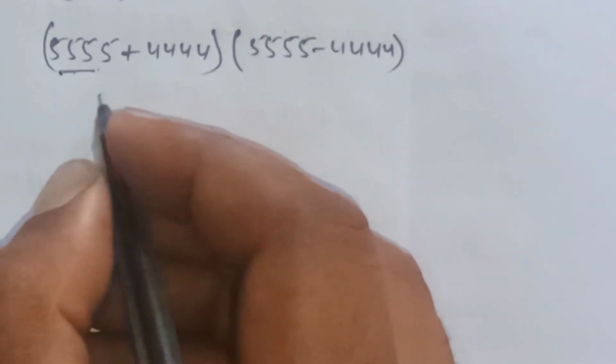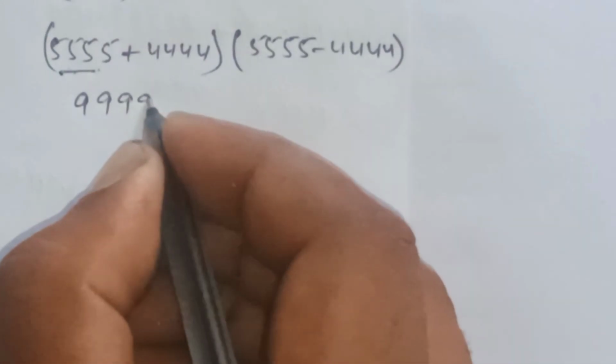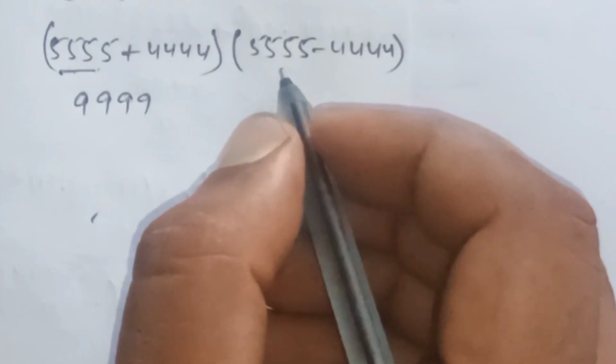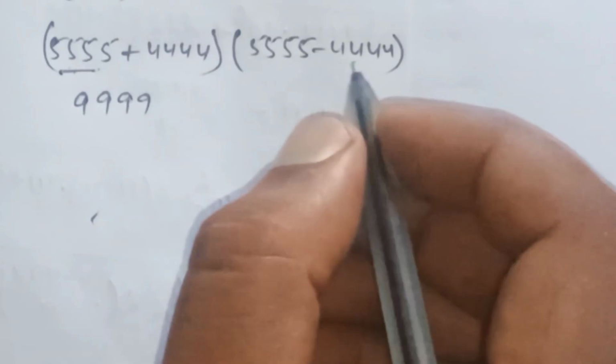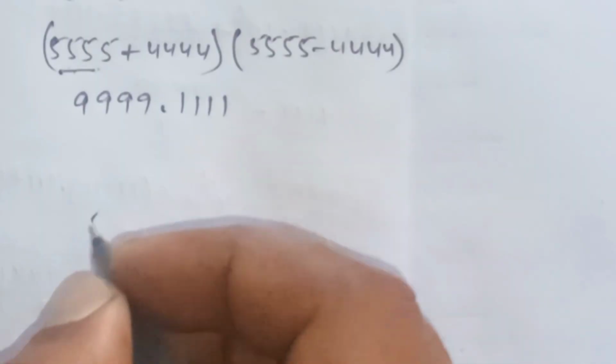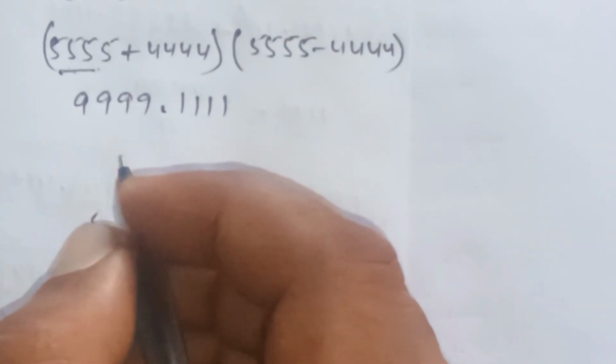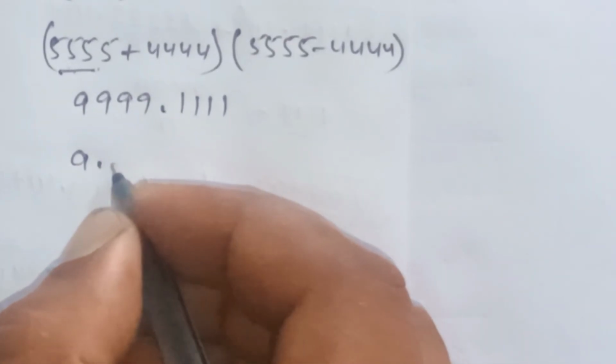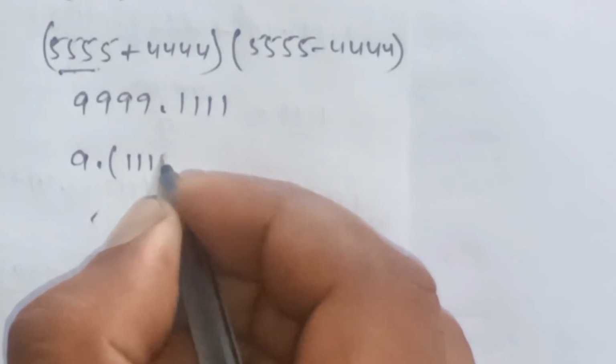Adding 4 times 5 plus 4 times 4, the value will be 9 times 5 and 4 times 4, the value will be 1, 1, 1, 1. Subtracting 4 times 5 minus 4 times 4, the value will be 1, 1, 1, 1. So here 9 into 1, 1, 1, 1.